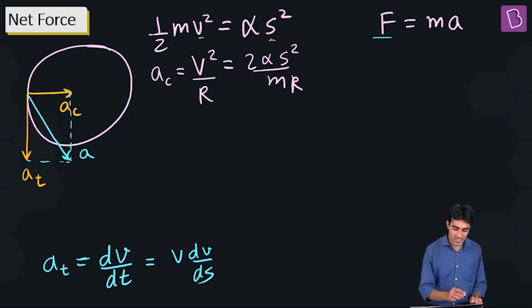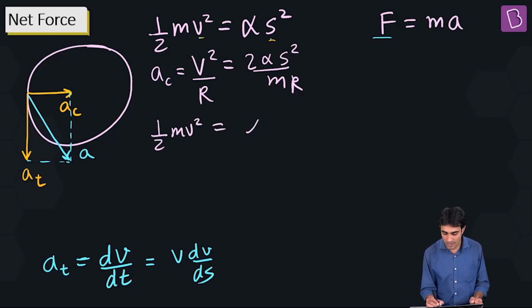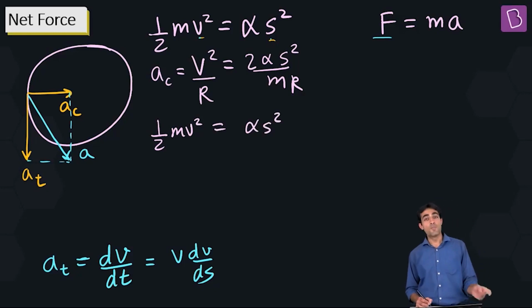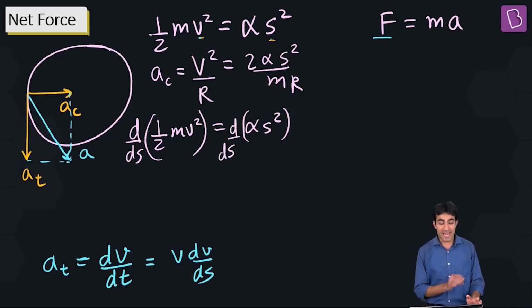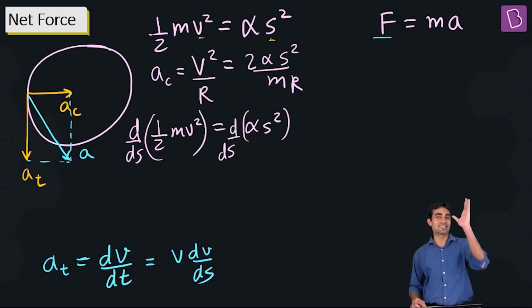Now let's differentiate this equation, which is half mv square is equals to alpha s square. Both the sides let's differentiate with respect to distance covered. Okay. And then from this we will find out what is the value of tangential acceleration.